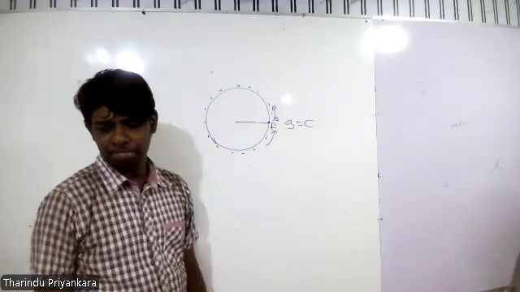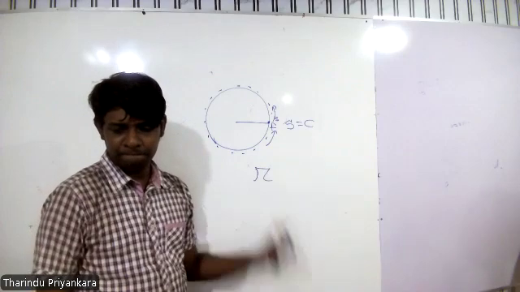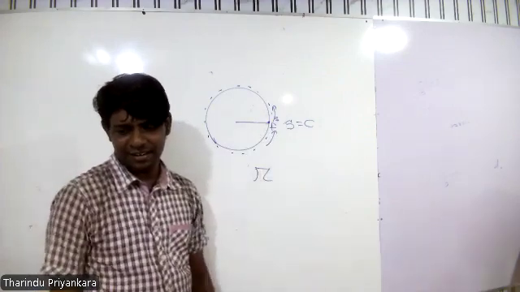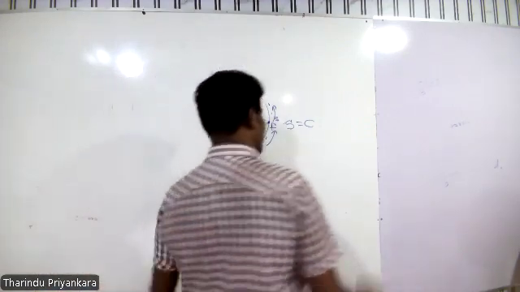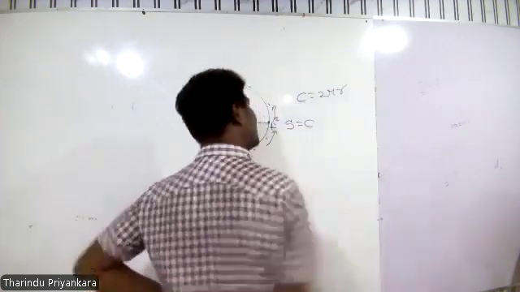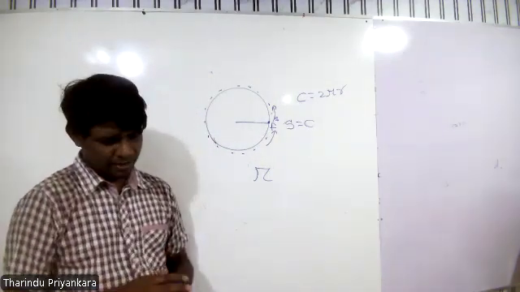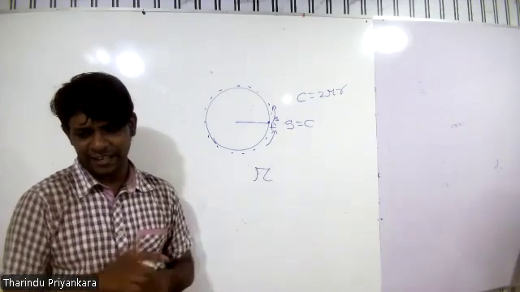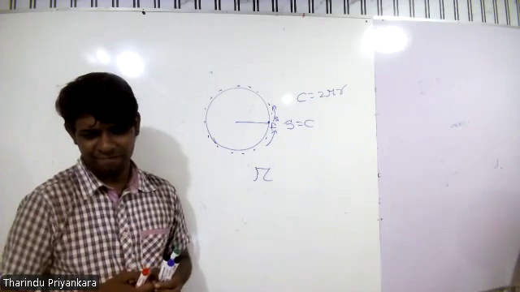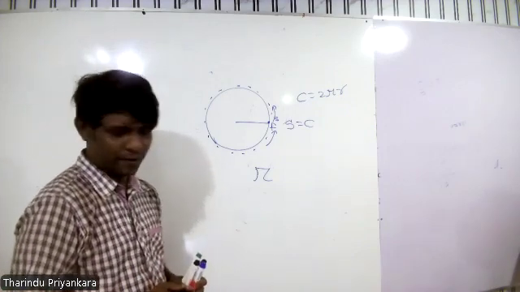The circumference you can find using what? 2 pi r. Circumference you find using 2 pi r. Yes, 2 pi r. Okay.